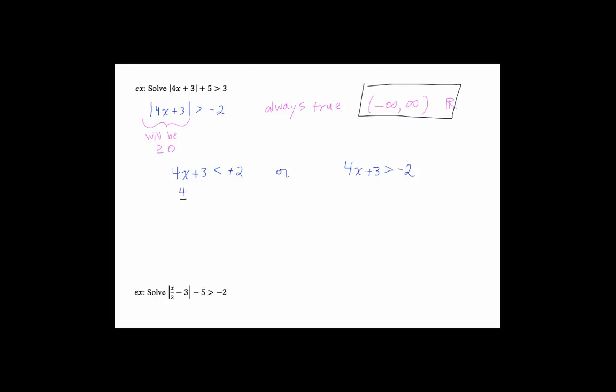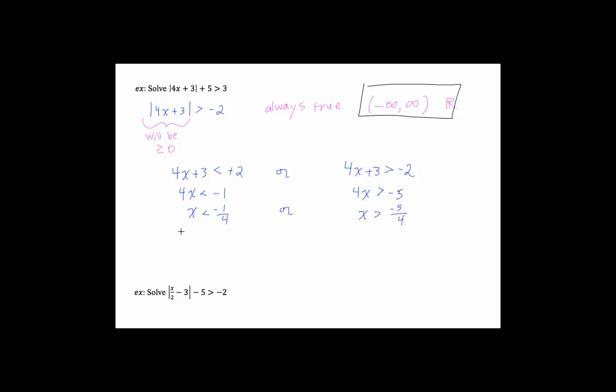So solving each of these inequalities gives me 4x is less than negative 2 minus 3, so 4x is less than negative 1, x is less than negative 1/4, or 4x, let's see, 2 minus 3 is negative 1, x is greater than negative 1/4.